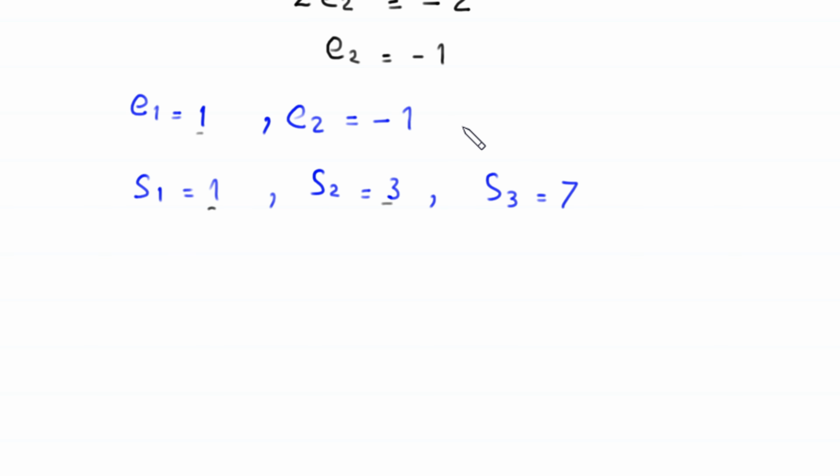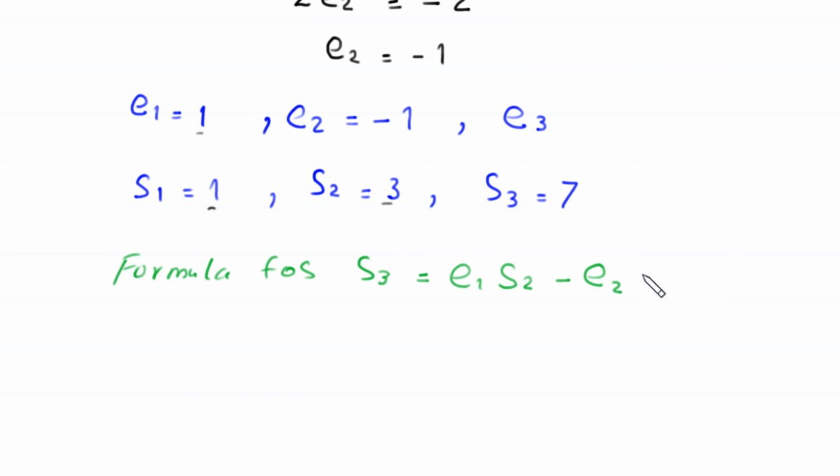And now we find E3 using Newton's sums formula. Newton's sums formula for S3 is equal to E1 times S2 minus E2 times S1 plus 3 times E3.